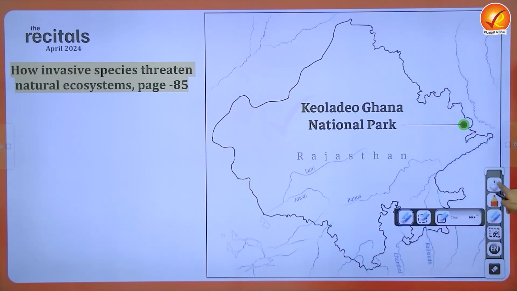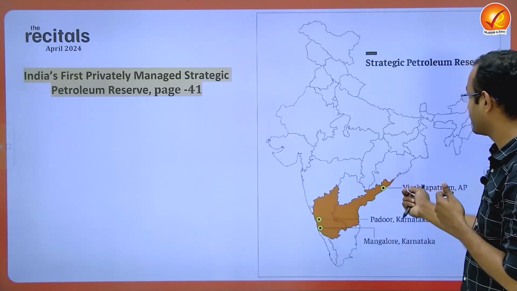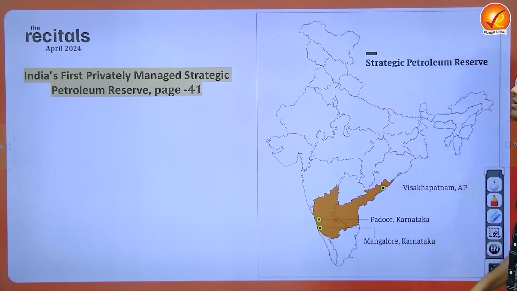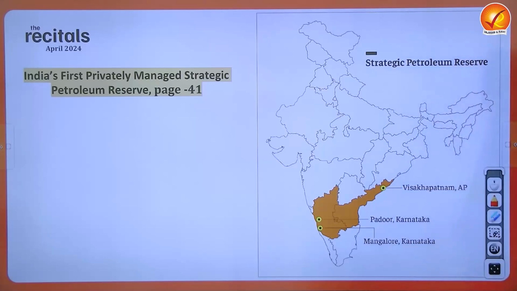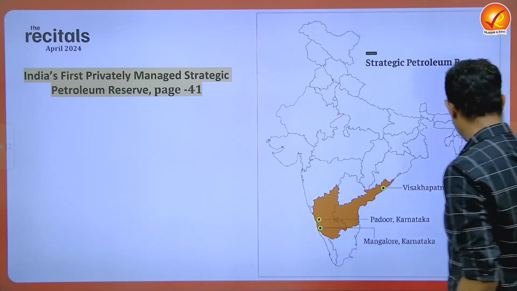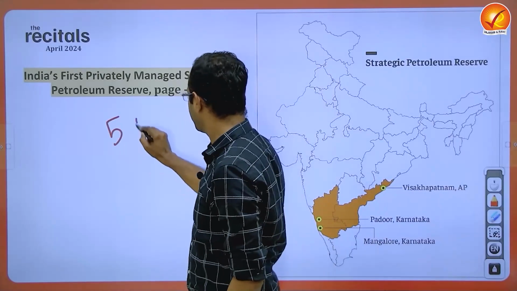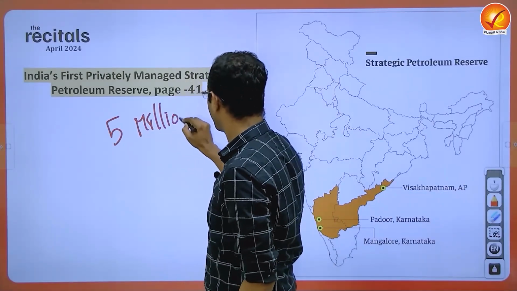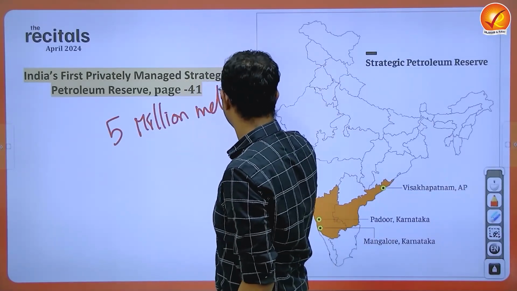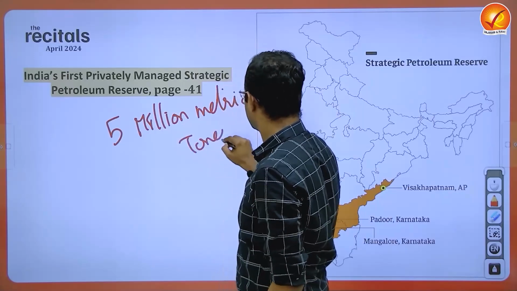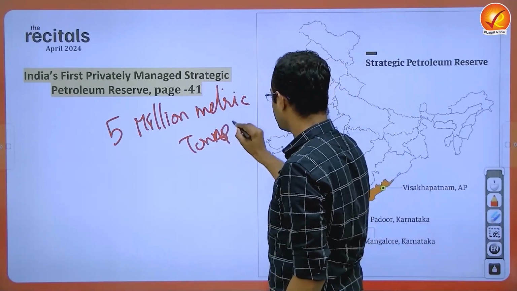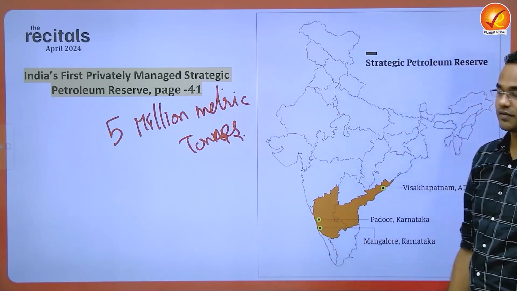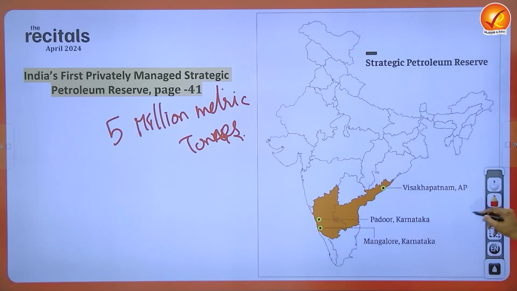The next place we go to is page 41, India's first privately managed strategic petroleum reserve, where India has created 5 million metric tons of storage of petroleum reserves in 3 places.